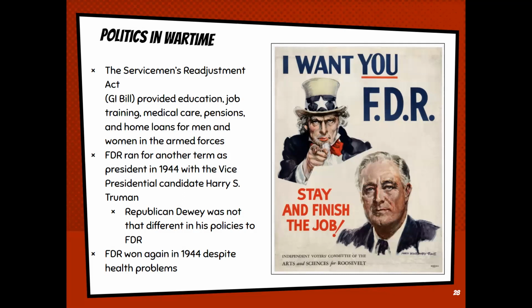At the end of the war, or towards the end of the war, the government passed a law designed to help returning veterans. It was called the Servicemen's Readjustment Act, or more well known as the GI Bill.